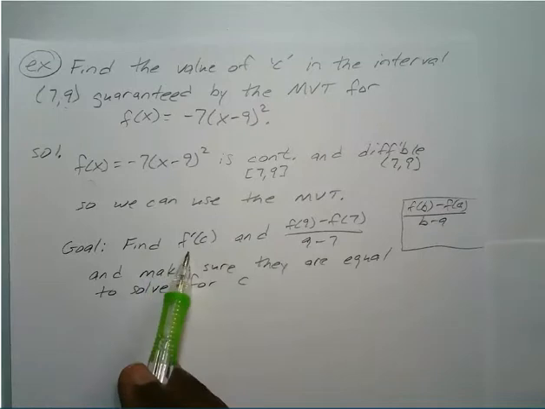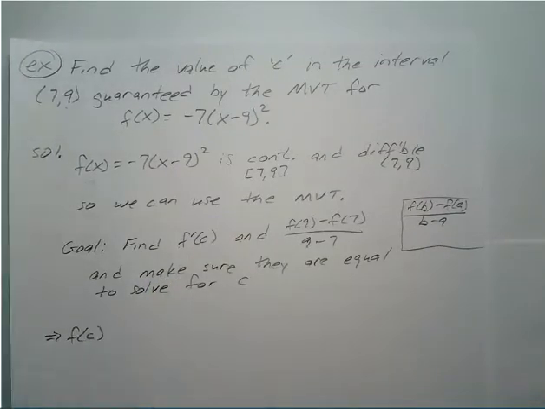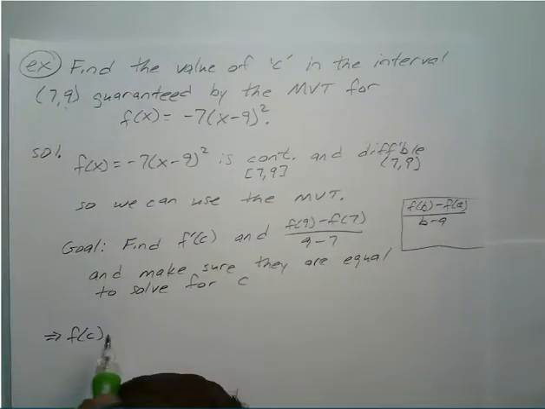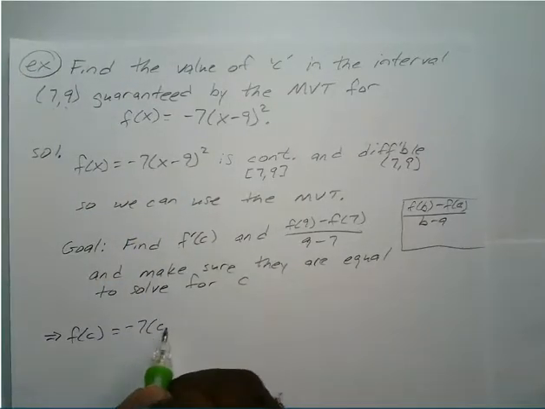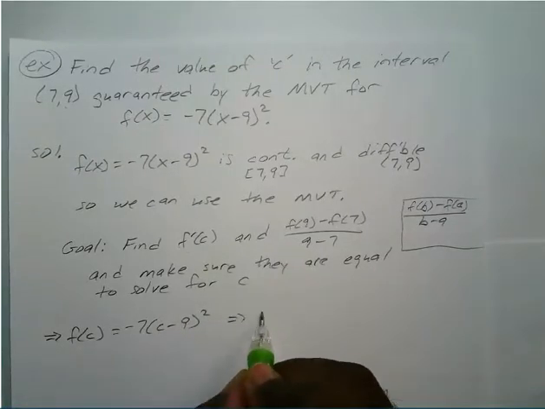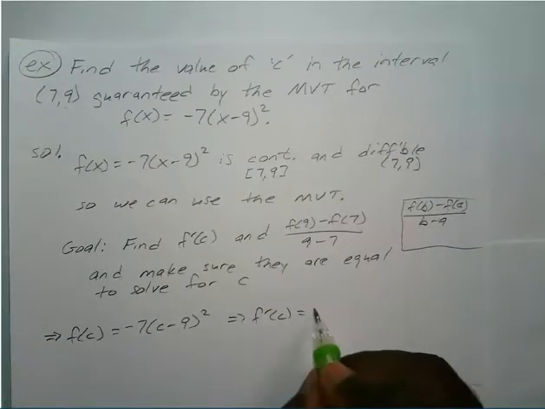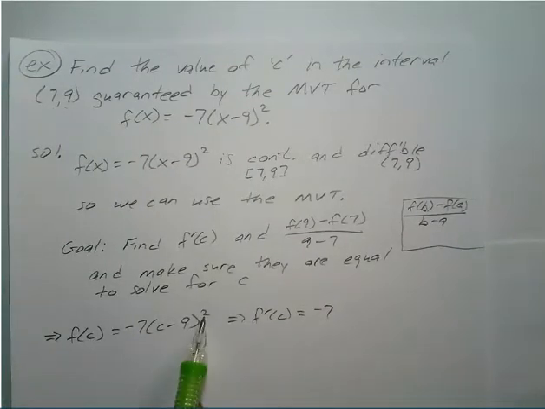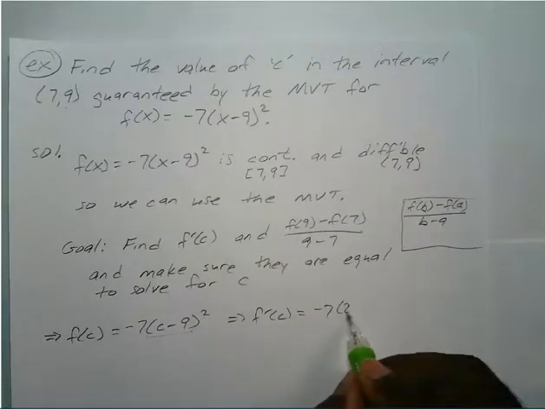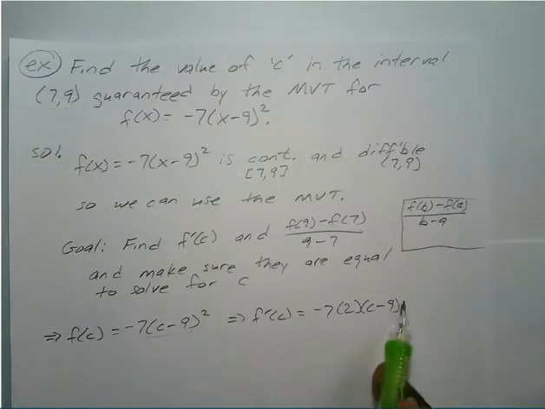Okay, so to find our f prime of c, first we have our f of c, just replacing x with c. So we have -7 times c minus 9 squared. So that means your f prime of c is going to be -7 times the derivative of this portion: bring down the 2, so that's times 2 times c minus 9, subtract 1 from the exponent, so that leaves that.